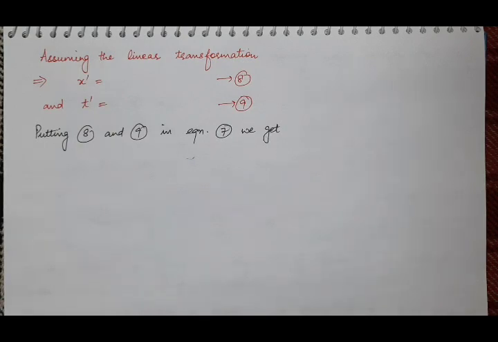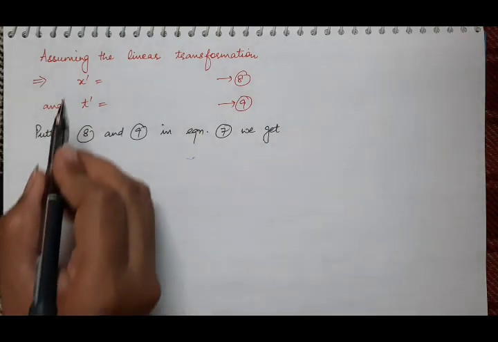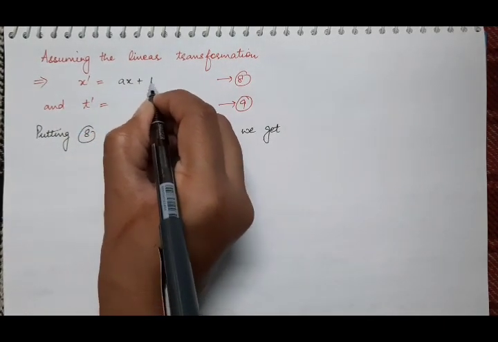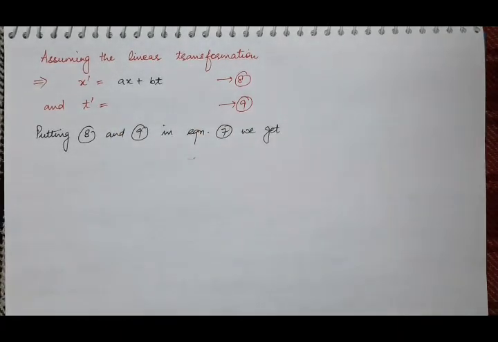Now assume that the transformation from x to x dash and t to t dash is linear. Then suppose x dash is equal to ax plus bt, because the transformation is linear. So x dash is some linear combination of x and t.